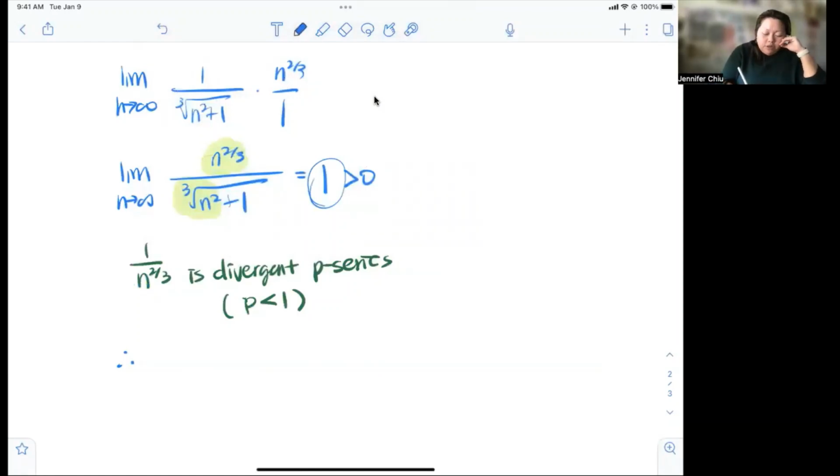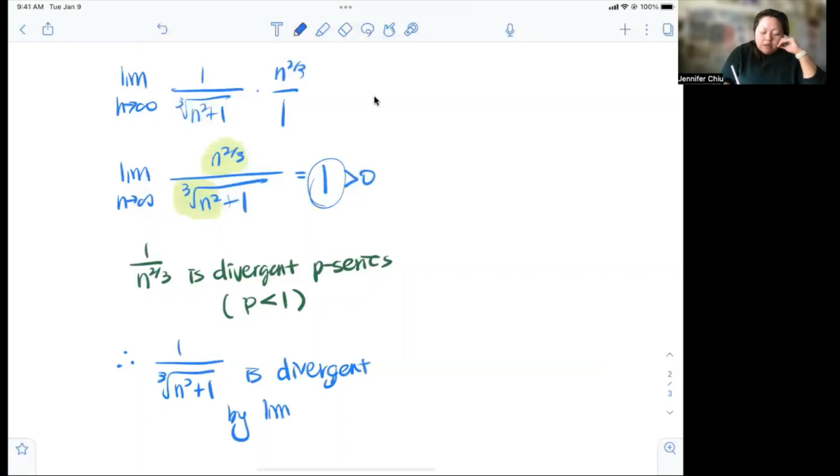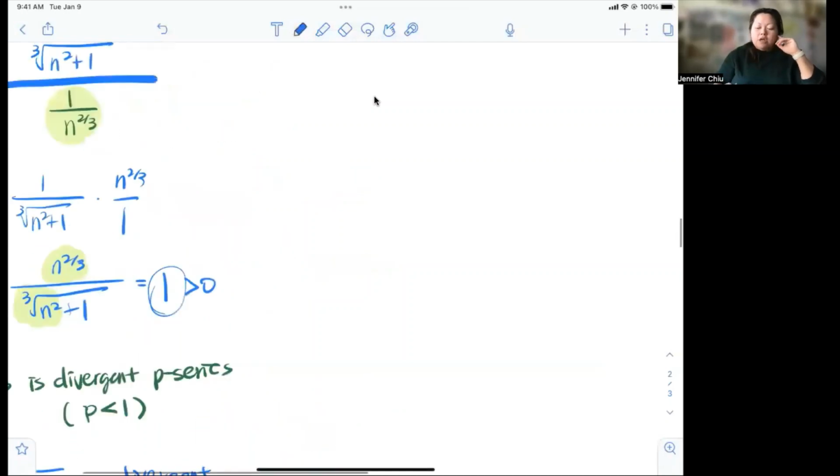Therefore, my original function of 1 over cube root of n squared plus 1 is also divergent by the limit comparison test.